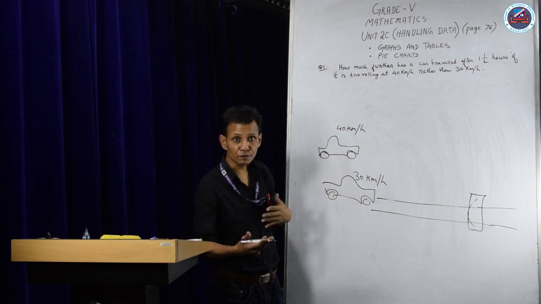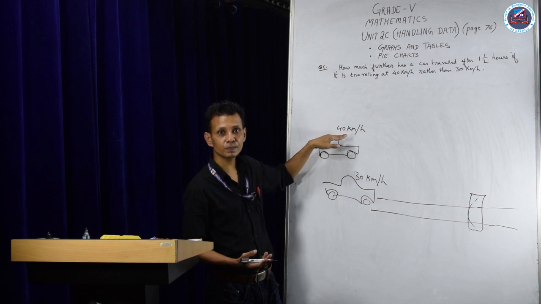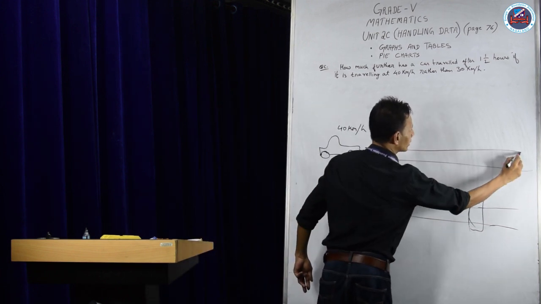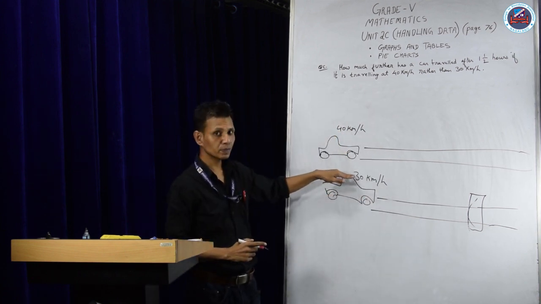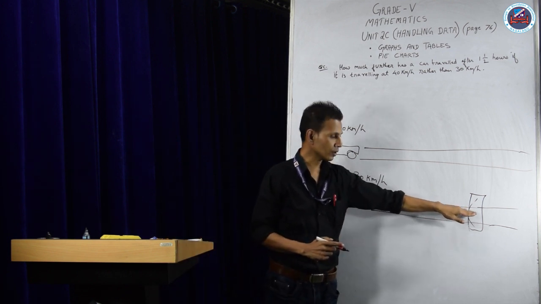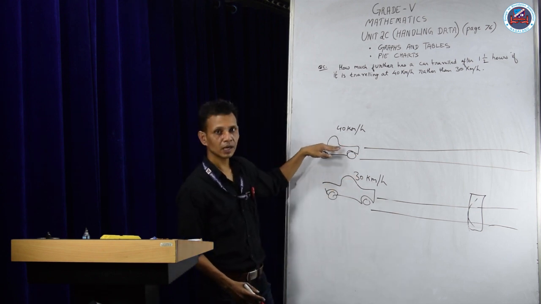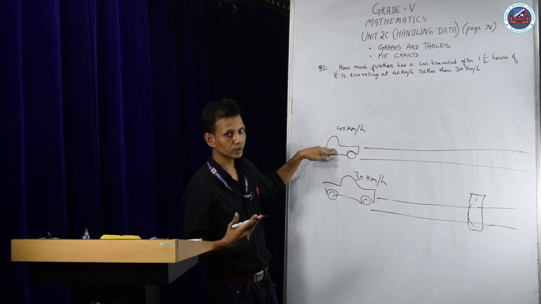But what if the car is now traveling at 40 kilometers per hour? After 1.5 hours, where will the car reach? Just assume the speed of the car is 30 kilometers per hour; after 1.5 hours, the car reaches here. Agree? Now, same car, the speed is changed to 40 kilometers per hour.